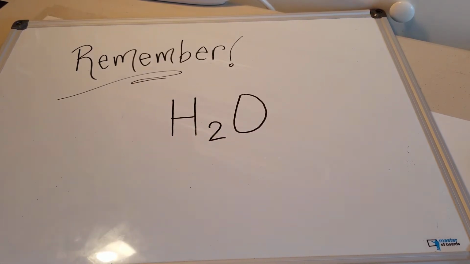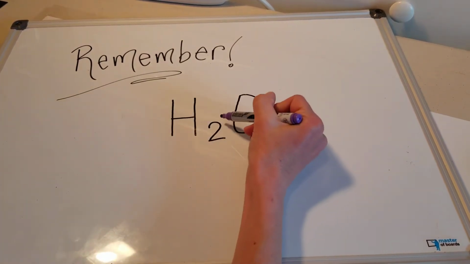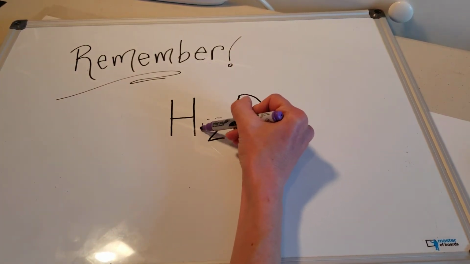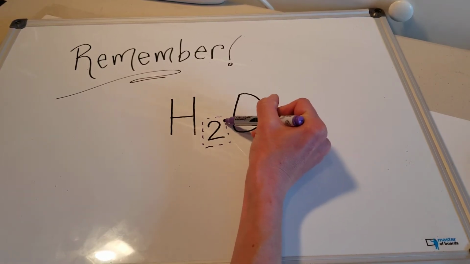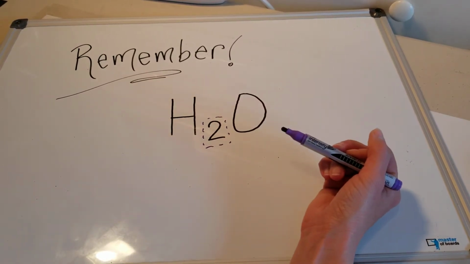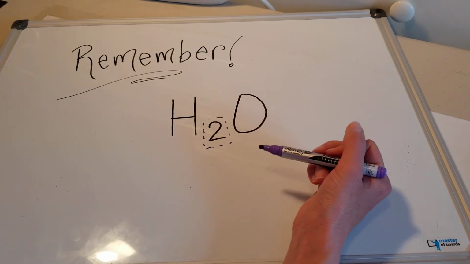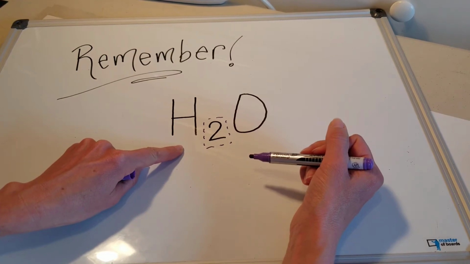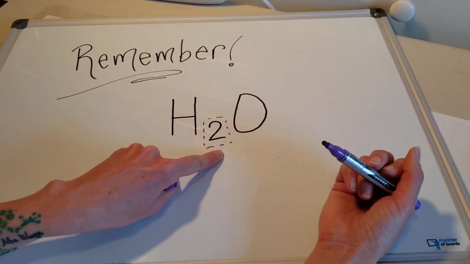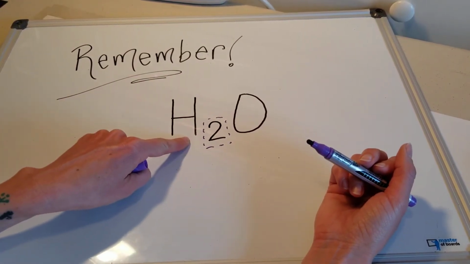The number that's next to those, the little baby subscript number, helps us to figure out how many of the atom to the left we actually have. So that number there tells us how many hydrogen we have.